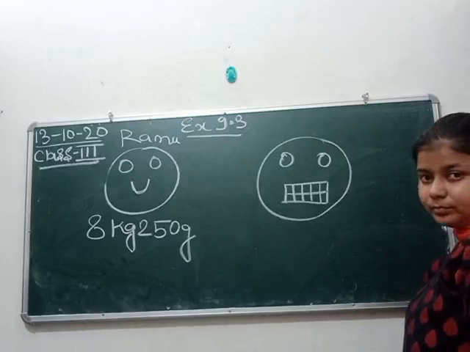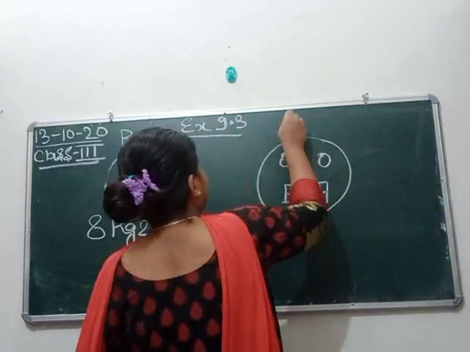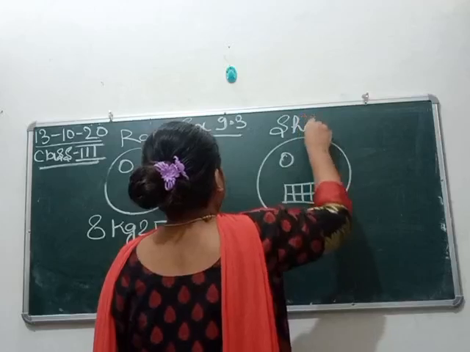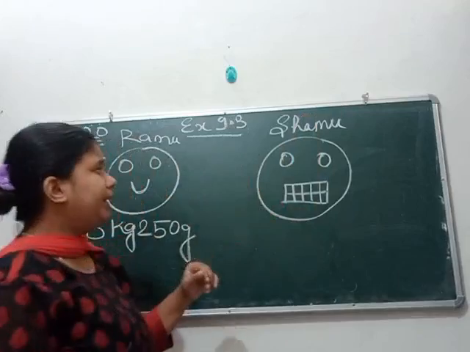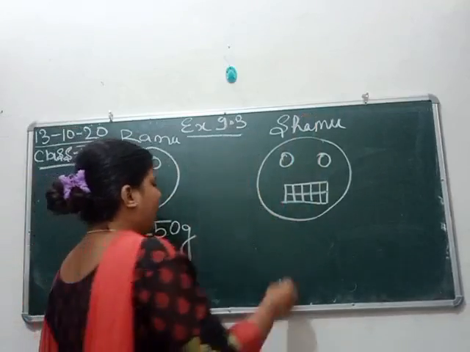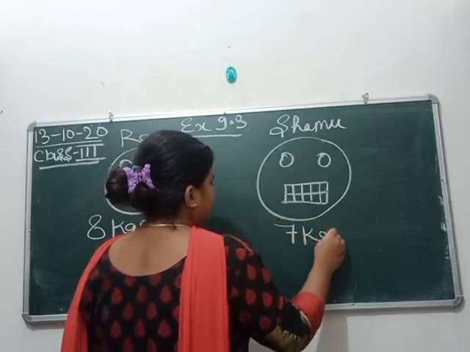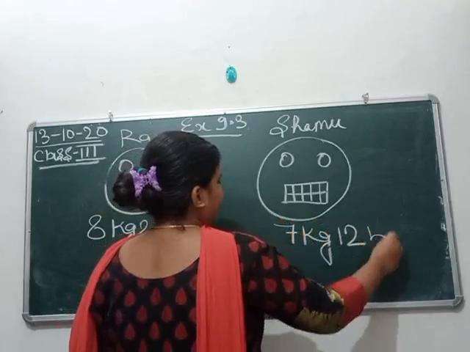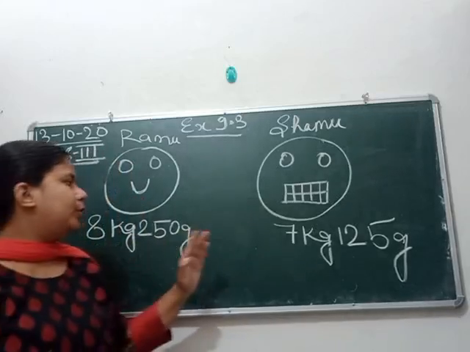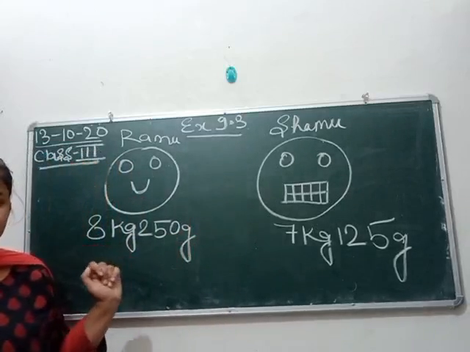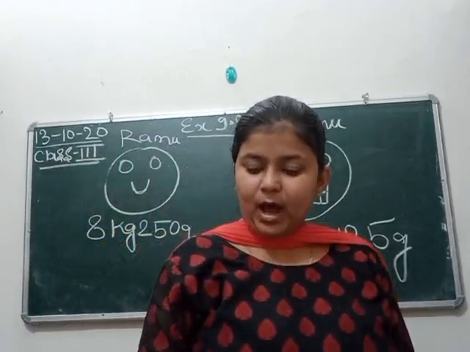Mr. Shyamu has also bought apples, 7 kg 125 grams. Now tell me, who has bought more apples and by how much?